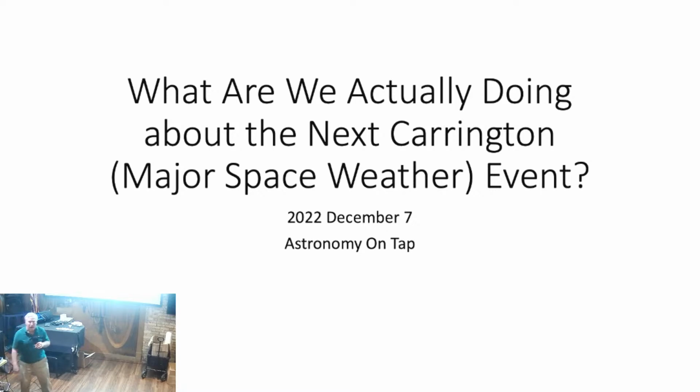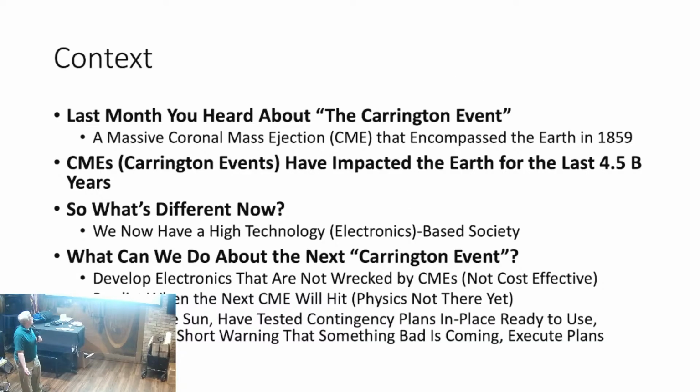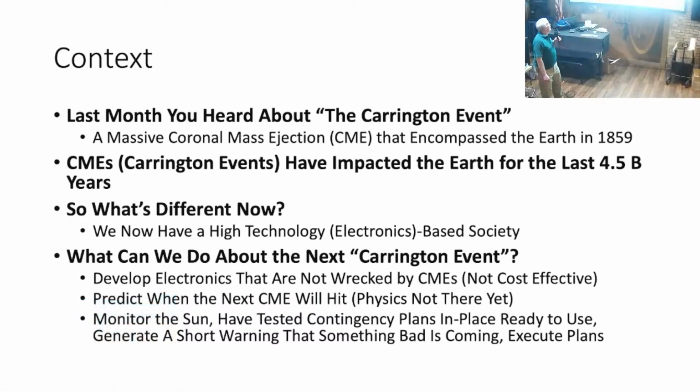Okay, so a month ago, we had a speaker, a graduate student at UTSA, who talked to us about the Carrington event and the astronomer Richard Carrington, who noticed a very unusual thing in 1859. In 1859, a giant CME came off the sun.